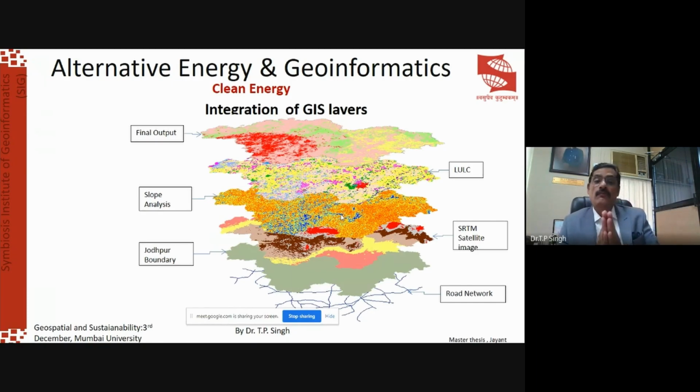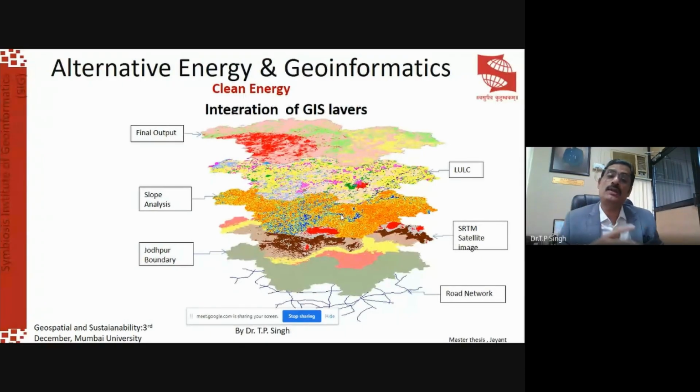Then we use other datasets like slope and SRTM data, which will tell me whether there is any hindrance or not. Then we have a land use land cover map.